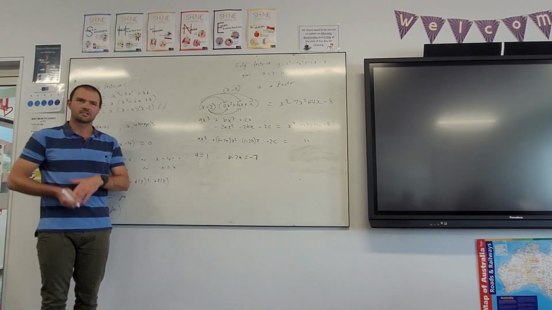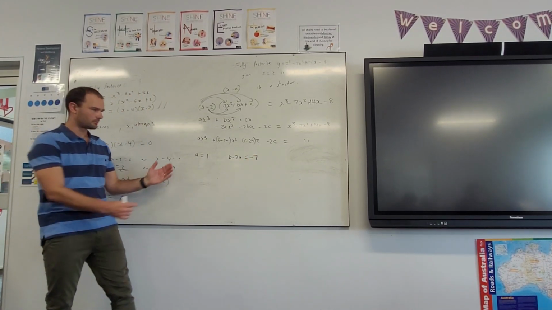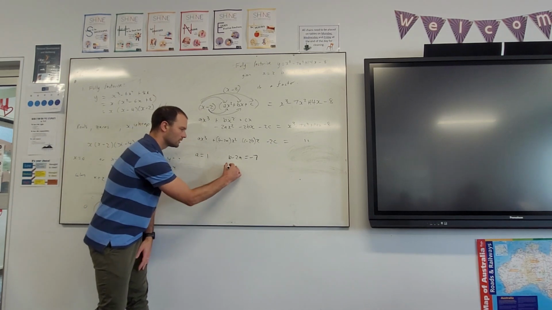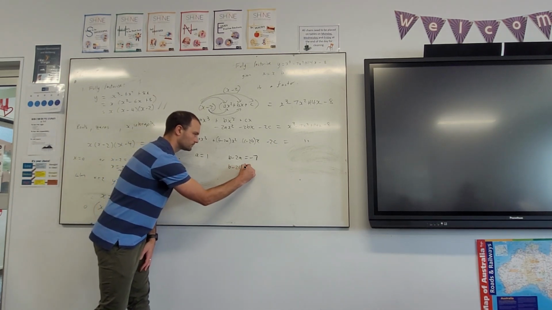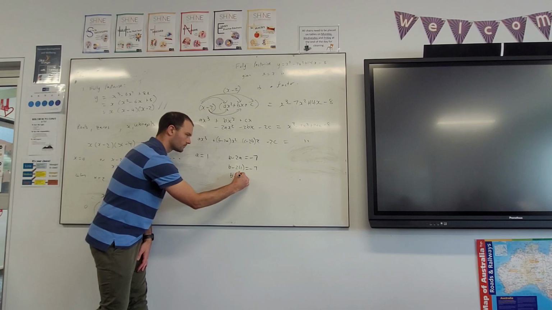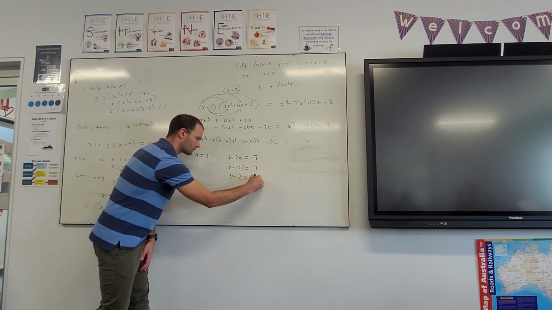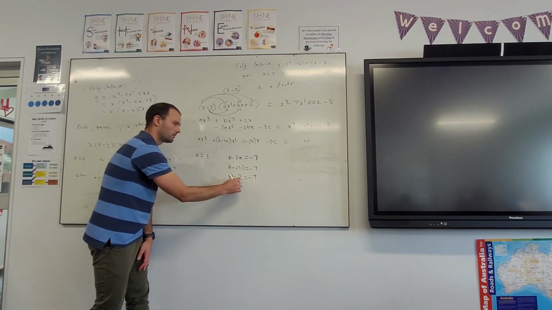We need to use the a value that we've found, right? We've got a is 1, so we'll have b take 2 equals minus 7, plus 2.